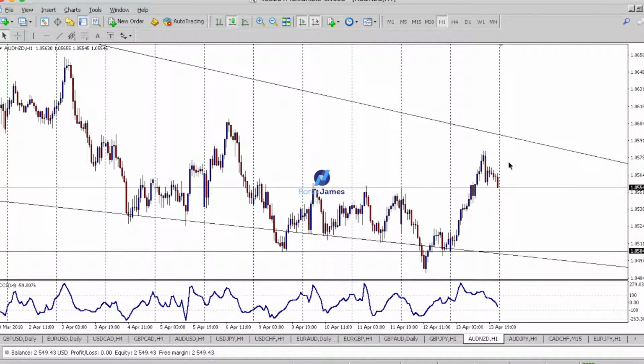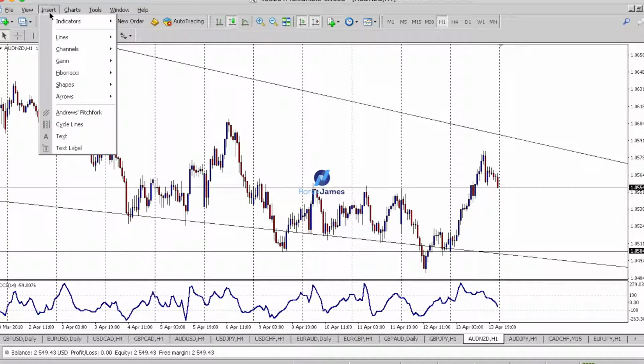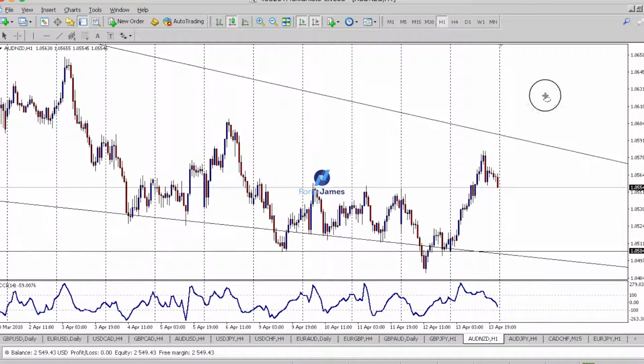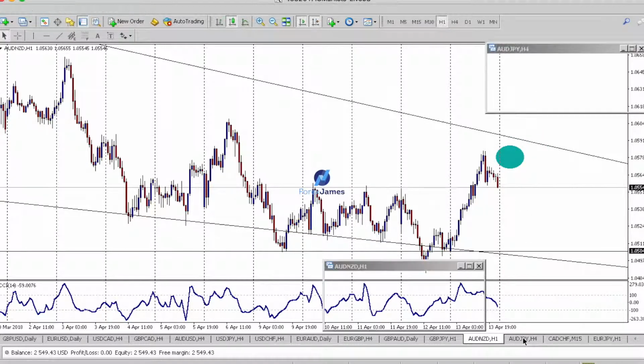So I might look for shorts initially, but I have a bias to the upside. There you go.